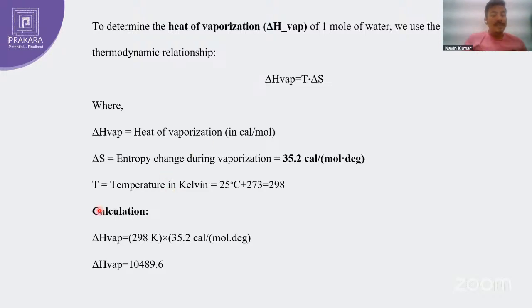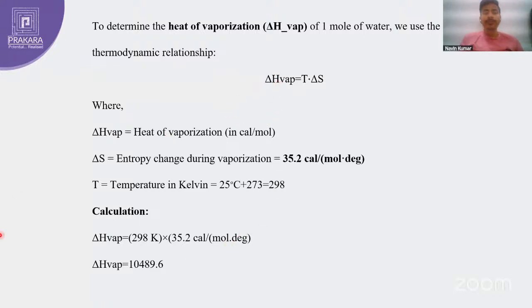So the temperature in Kelvin will be 25 plus 273, that will be 298. And the entropy change was given, that is 35.2. Just put this given data in this relationship and you will have your answer. So delta H vap equals 298 multiplied by 35.2.